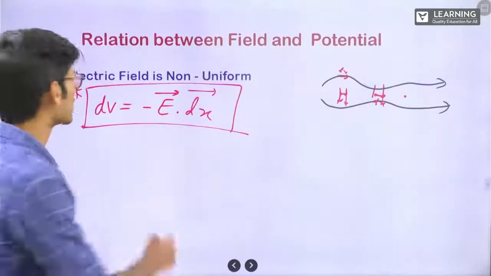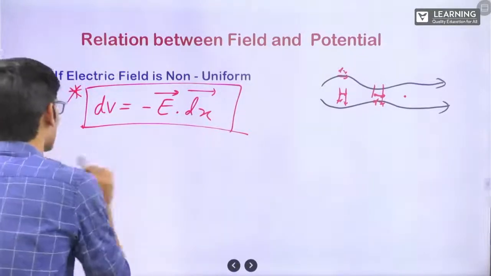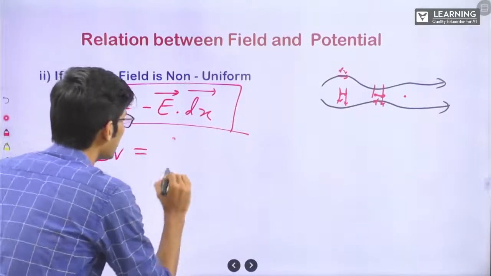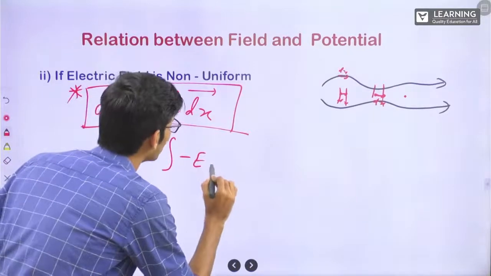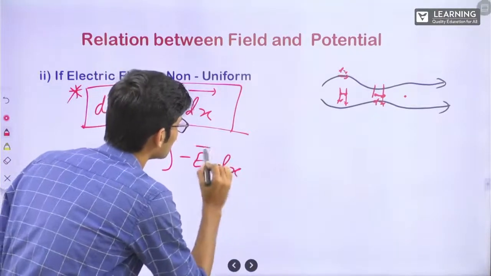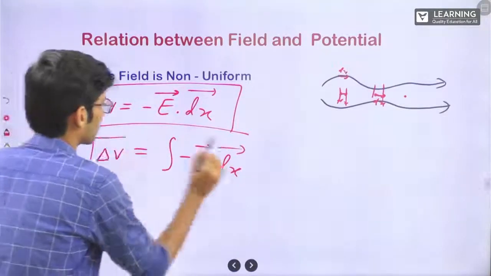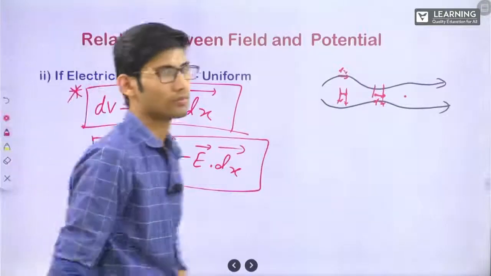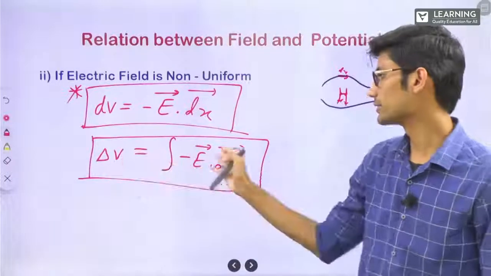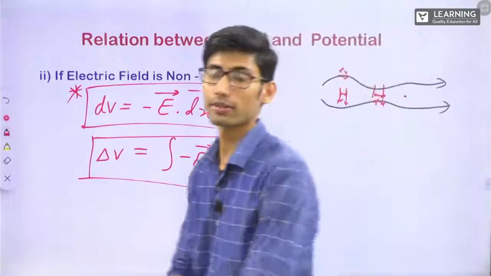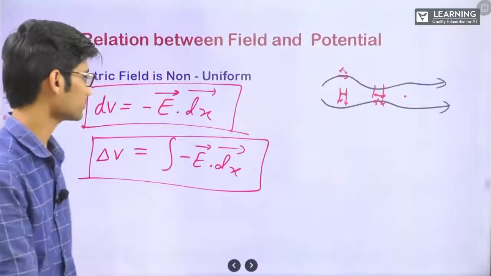Adding means integration. Integral delta V is basically integral minus E dot dx, when the electric field is non-uniform.